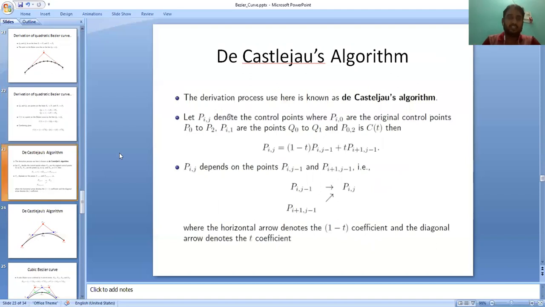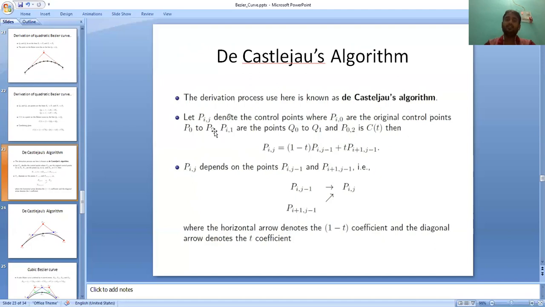So what does de Casteljau's algorithm say? Let Pij denote the control points. Control points are of three types: the red colored, blue colored, and black colored. We have already shown this in the figure. Pi0 are the original control points, P0, P1, and P2.